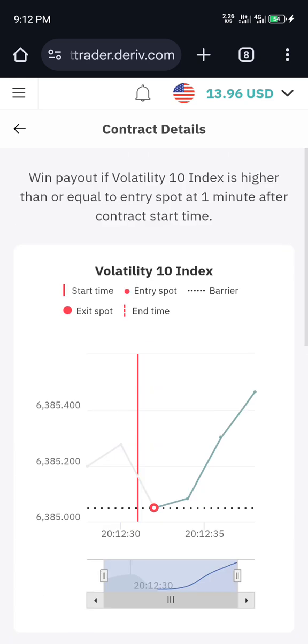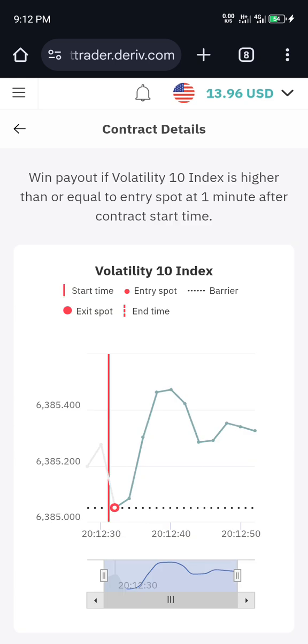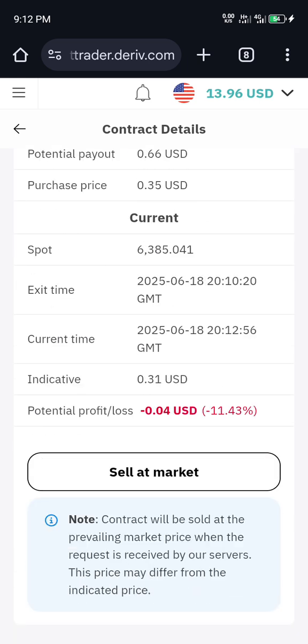Let's see how it goes. Thing is spelling out well, while our eyes on the sell at market. Let's see. You need patience in trading. You need patience, a lot of patience.